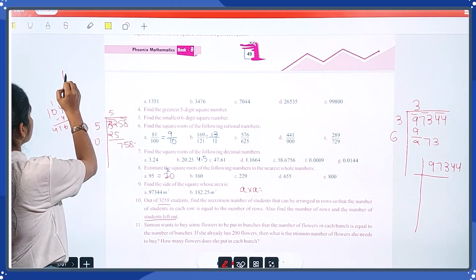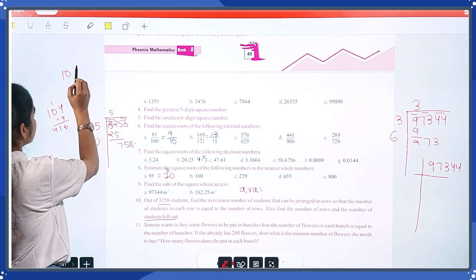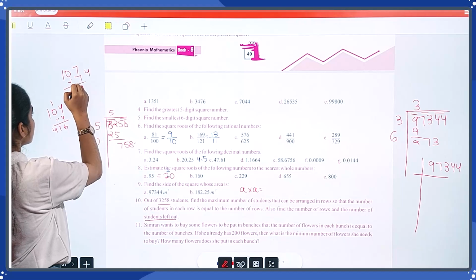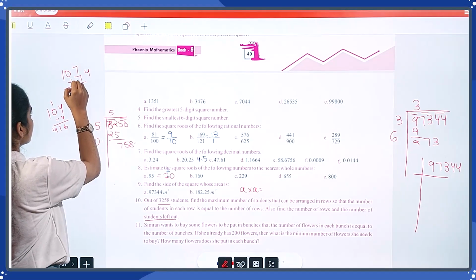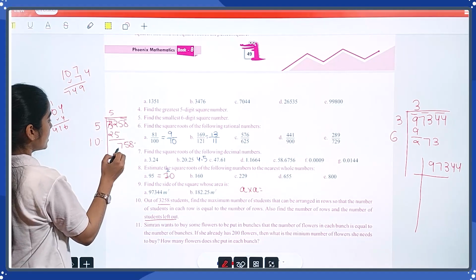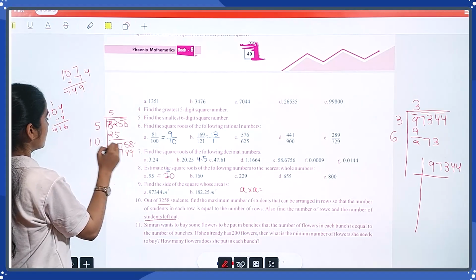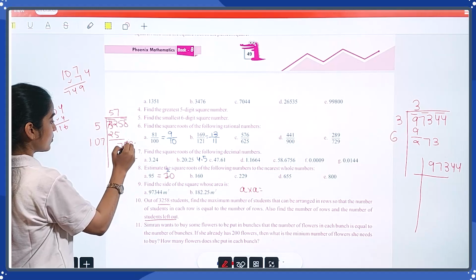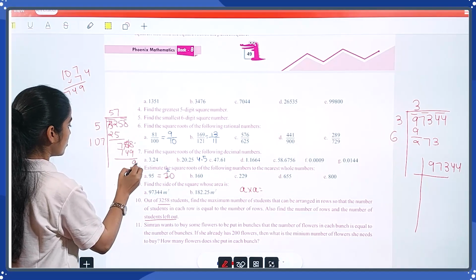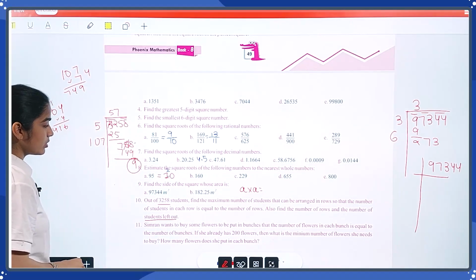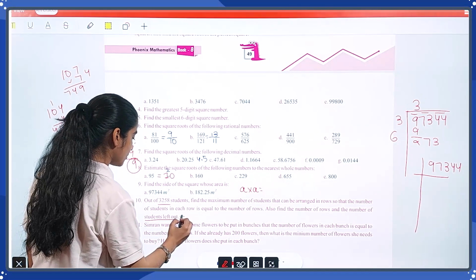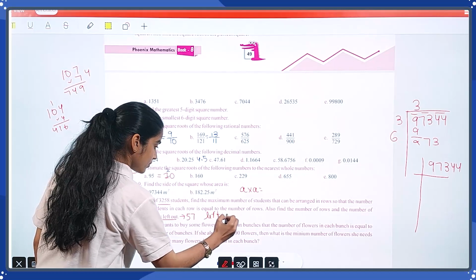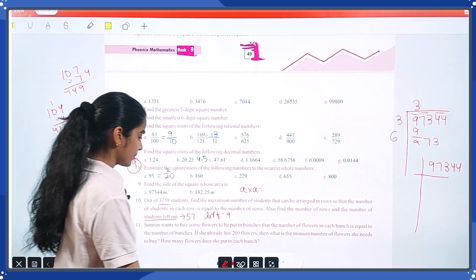Okay, now take 107 multiplied by 7, 7 7s are 49, 404, 7 1s are 7. So we can take 7, 49, 57 and 18 minus 9. So 9 students should be left out. In total, rows are 57.